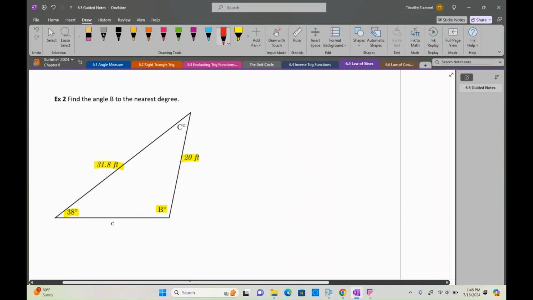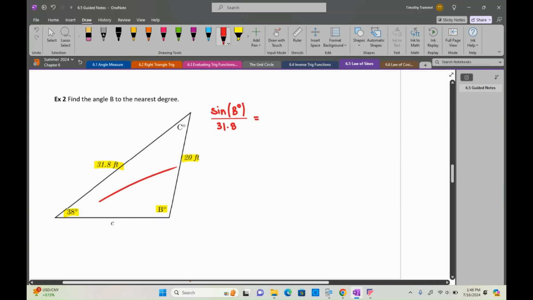So I'm going to put sine of big B over its corresponding side length, which is 31.8 feet. And then I have this side and angle that match here. So I'm going to write in sine of 38 divided by 20.